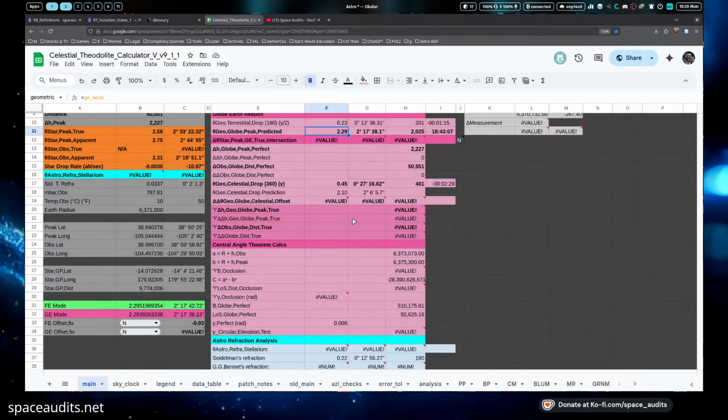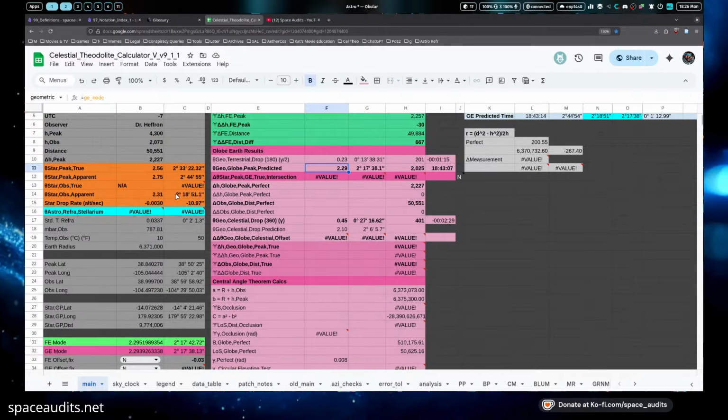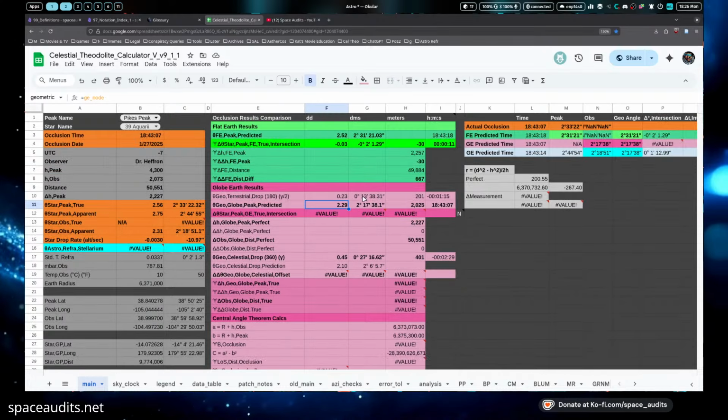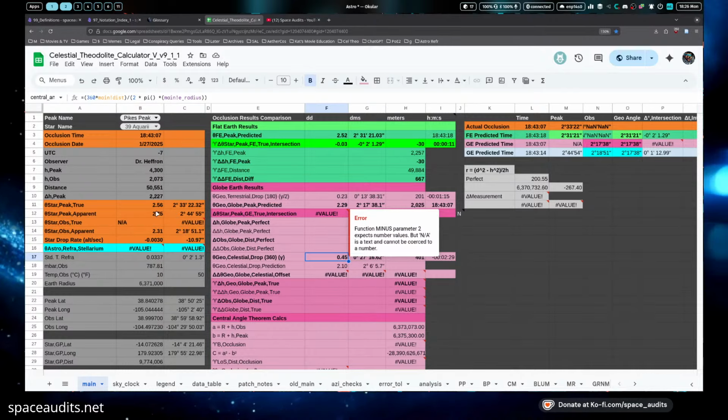So when we're deriving elevations and distances based off of occlusion timing, it's based on the intersection where the globe predicted that star was for the observer in terms of physical elevation, which would be predicated on the drop over distance of this central angle between the observer and the mountain peak, because that's what defines distance.